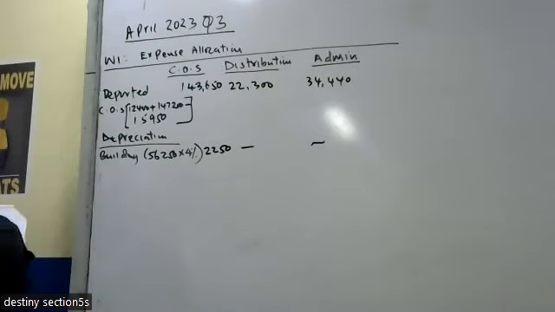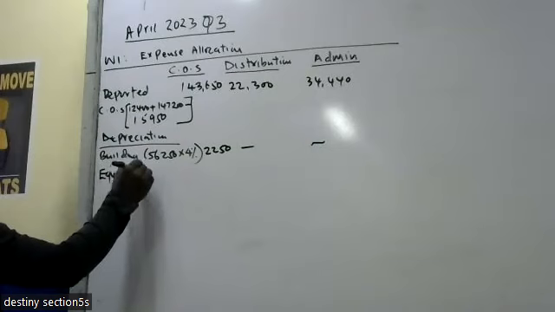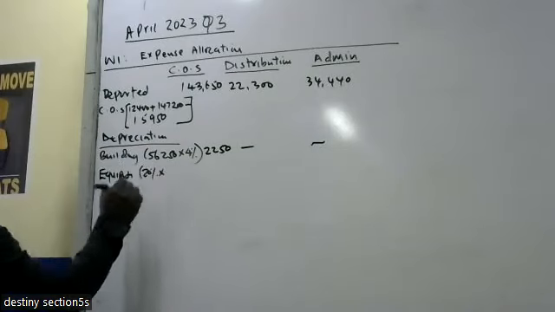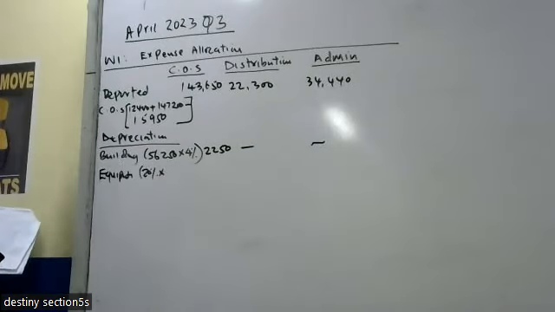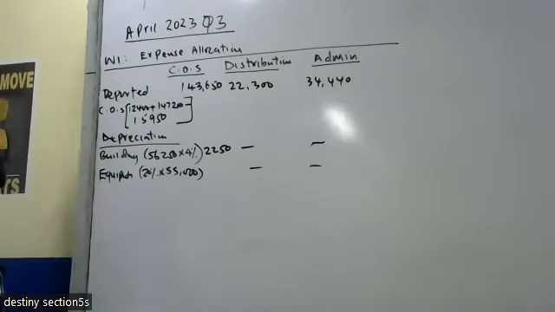Then plant and equipment at 20%. What is 20% of 55,000? 11,000.